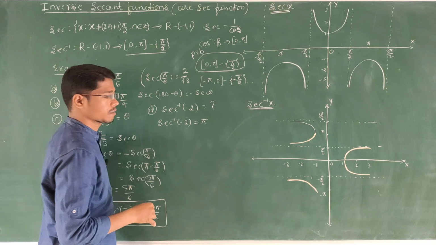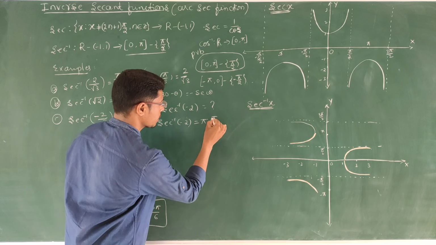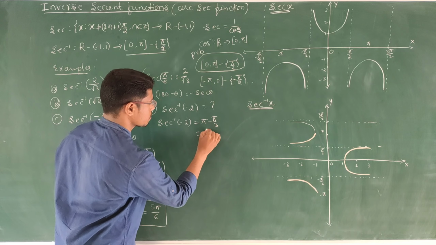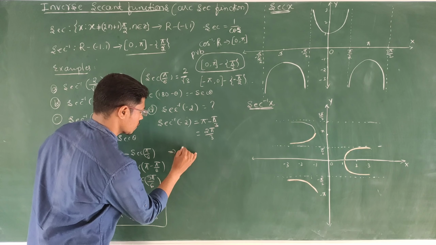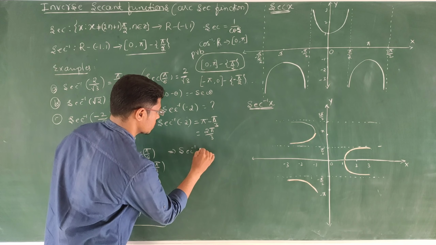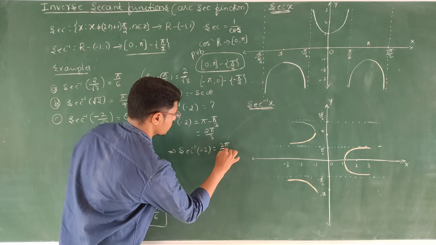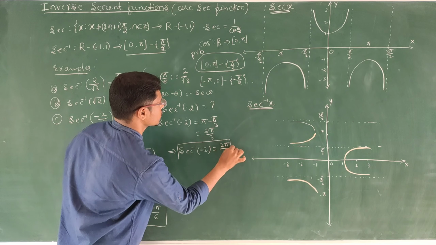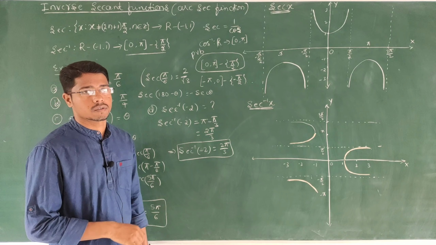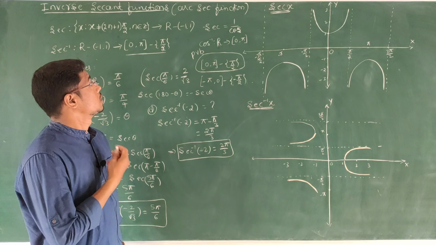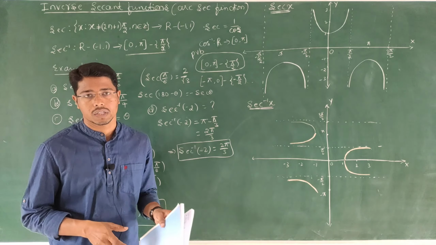So when it is 2, sec is pi by 3, so pi minus pi by 3 is equal to 3 pi minus pi, 2 pi divided by 3. Therefore sec inverse of minus 2 is equal to 2 pi divided by 3. Okay, dear students. So this is about the inverse secant function or arc sec function we may call it.